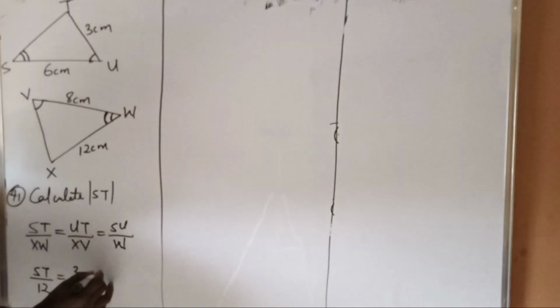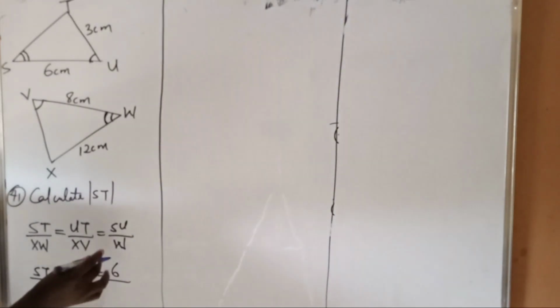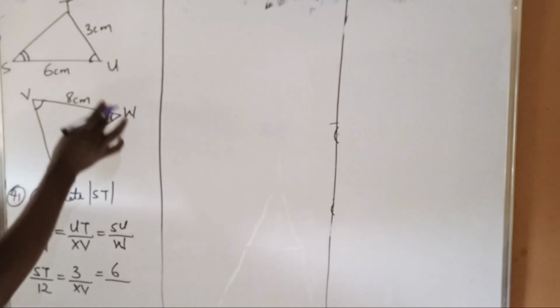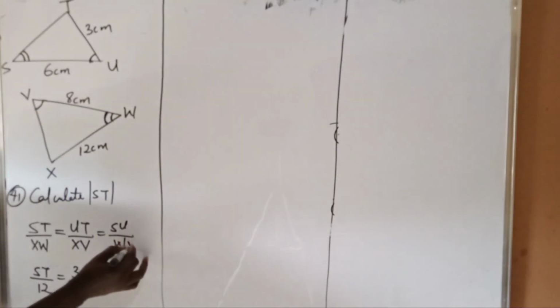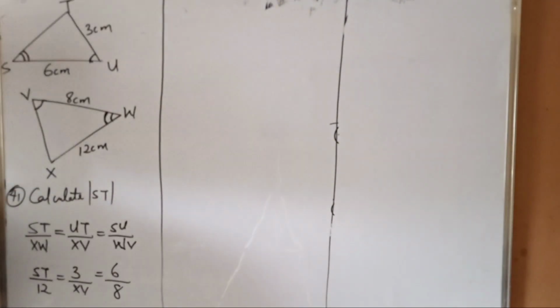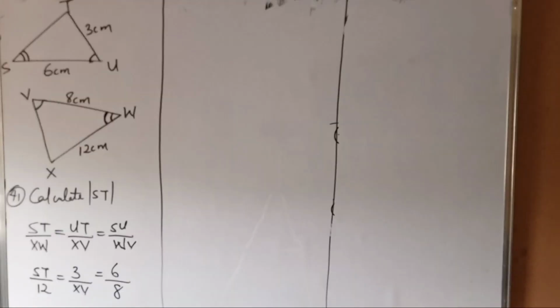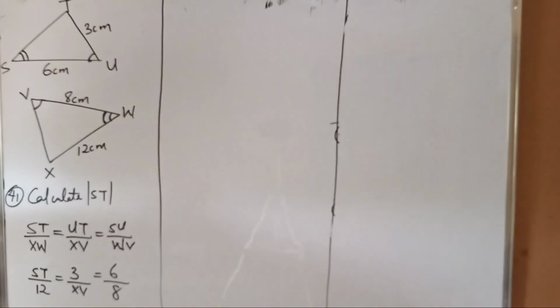And the last one here, SU is 6, and WV is 8. So from here we can look for the value of our ST, and at the same time look for the value of our XV.